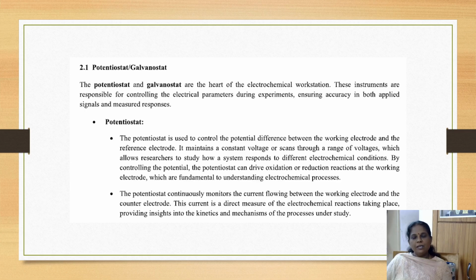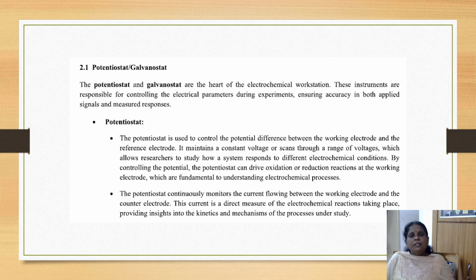Potentiostat and galvanostat are the heart of electrochemical workstations, and these instruments are responsible for controlling the electrical parameters during the experiments, and we can analyze both the applied signals and the measured responses. First let us see the potentiostat.